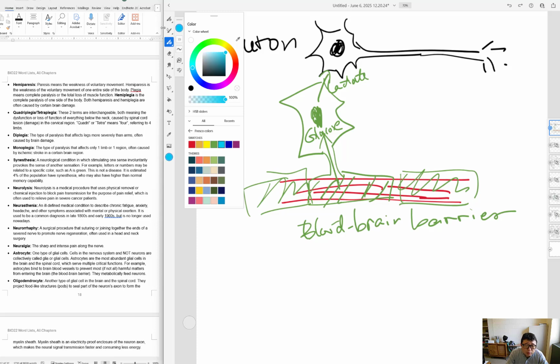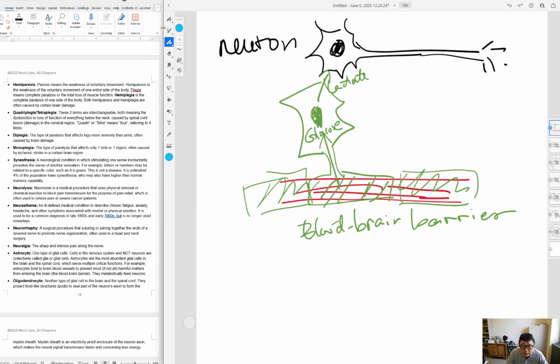And then another thing, oligodendrocytes. Oligodendrocytes form a special structure, myelin sheaths.